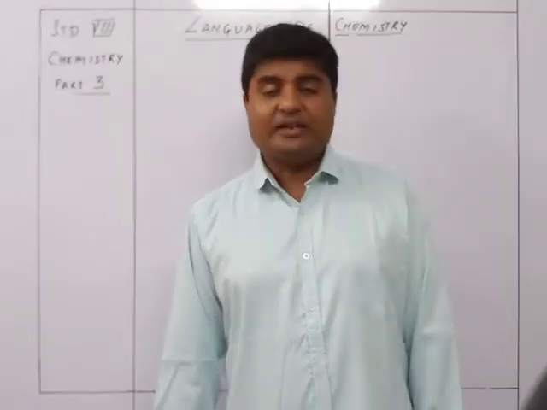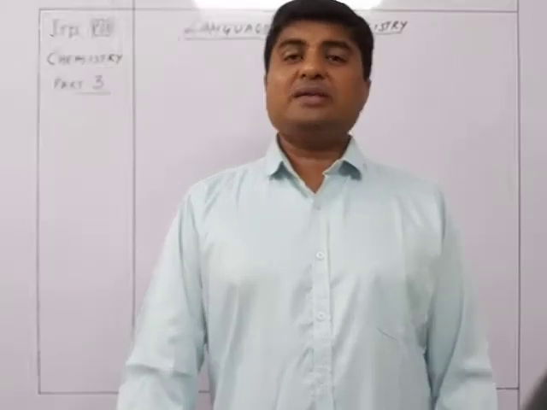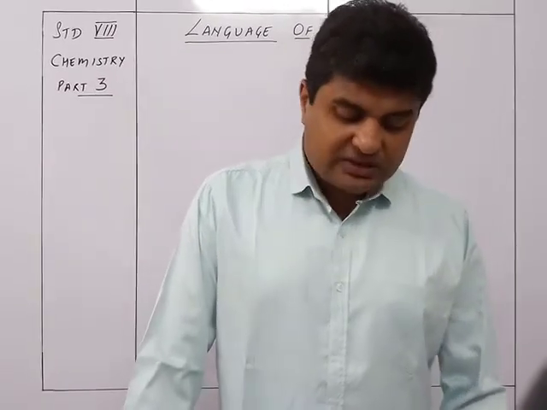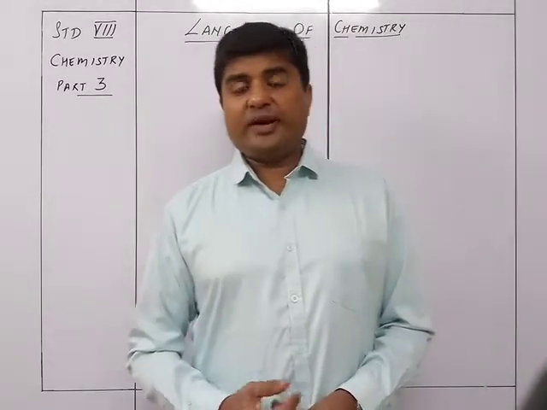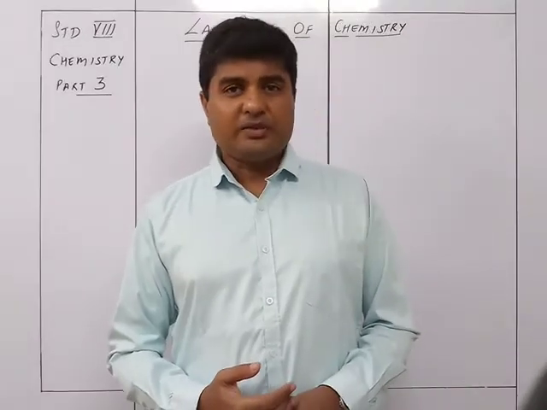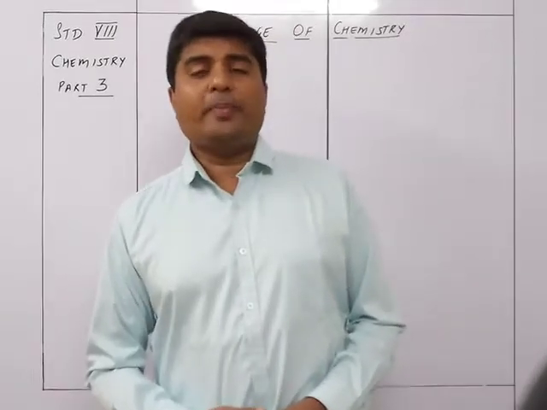And finally calcium is 2, 8, 8, 2, which is plus 2 as the valency, and hence it's a metal. So this is what the valencies of the first 20 elements of the periodic table are, according to their electronic configurations, from atomic number 1 to atomic number 20.